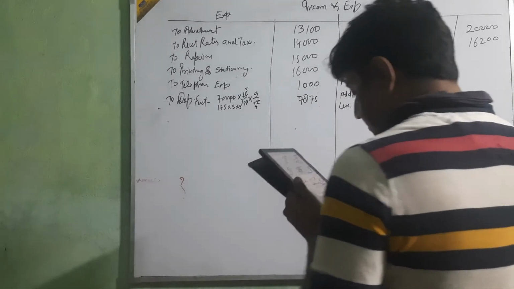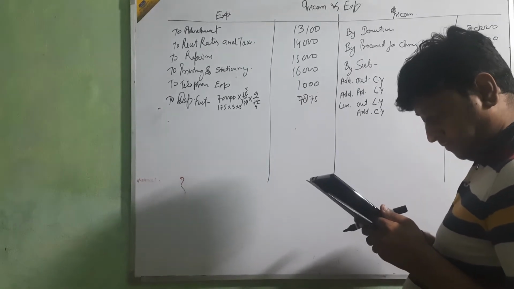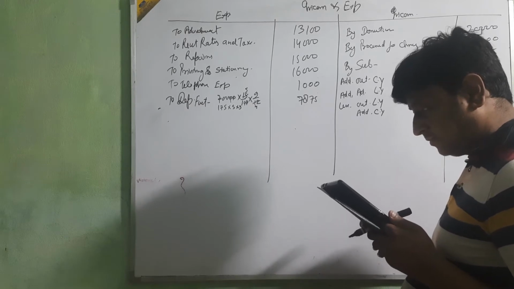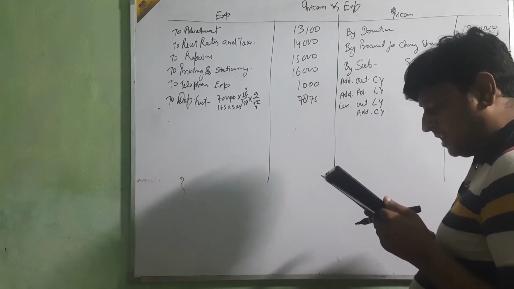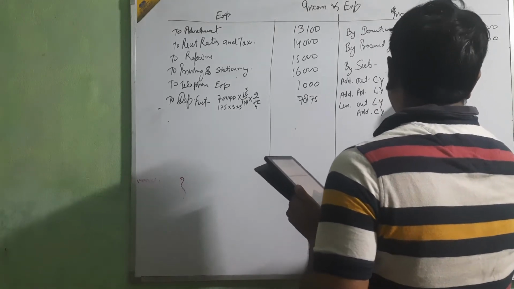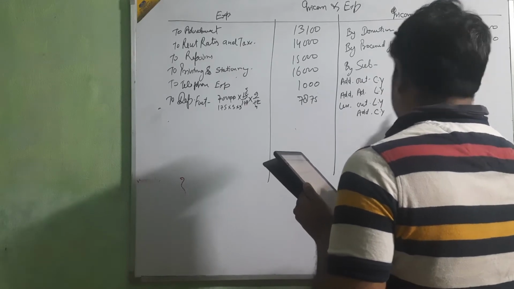Okay, just see in the downside, beta, the adjustment is given. It's for 19, beta. Outstanding subscription as of 31st March 19 is 7,000 and 6,000 for last year.